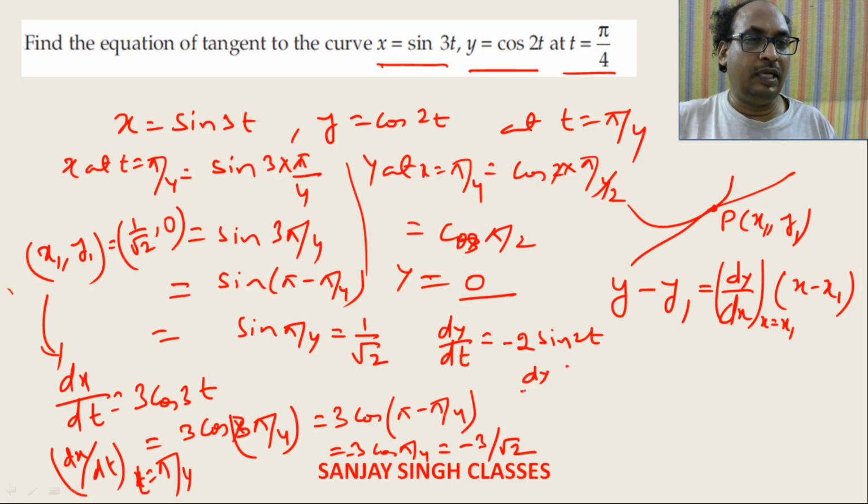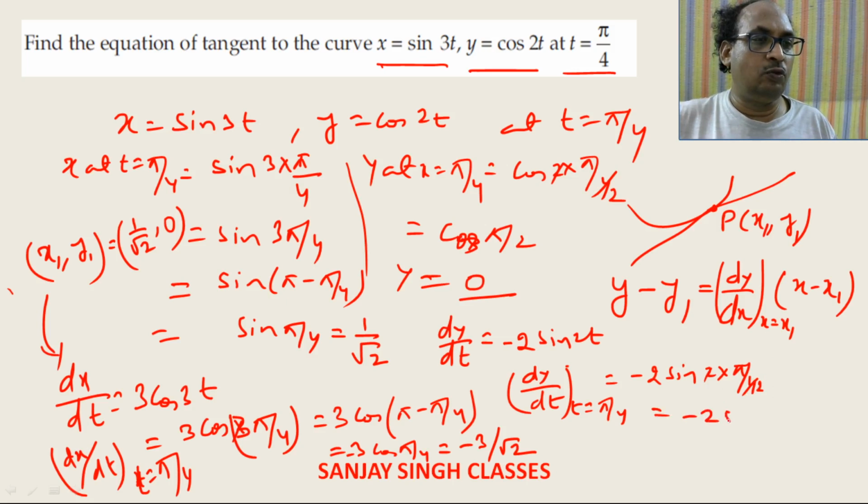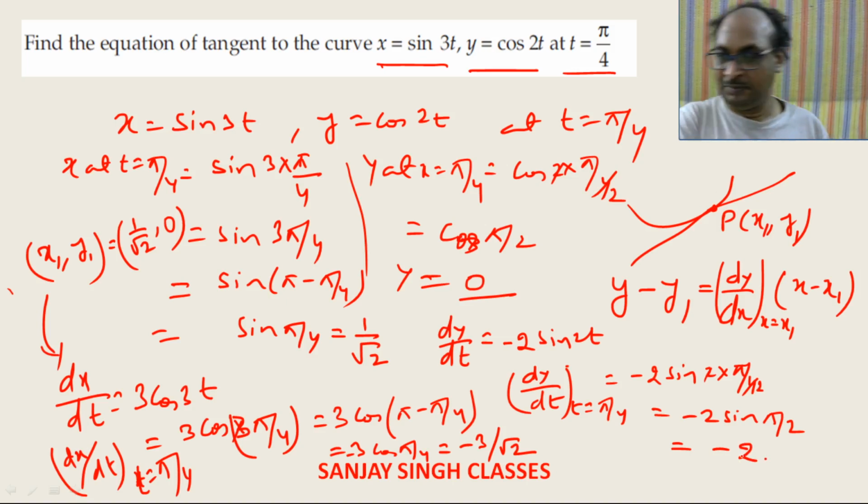So dy by dt at t equal to pi by 4 is equal to minus 2 sine 2 into pi by 4, which is minus 2 sine pi by 2. So it is minus 2 only.